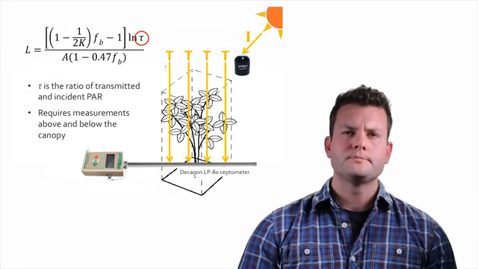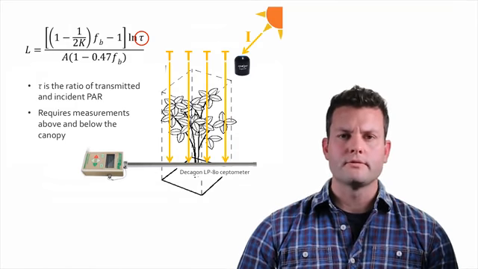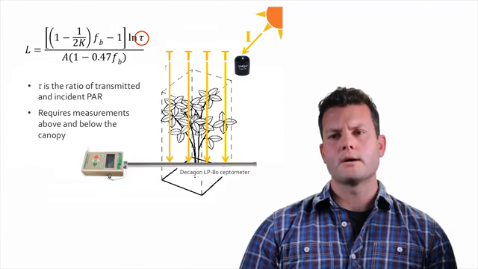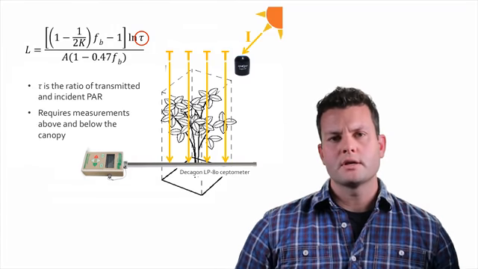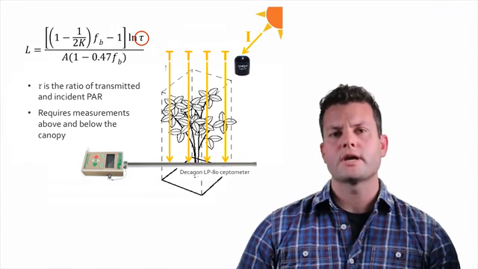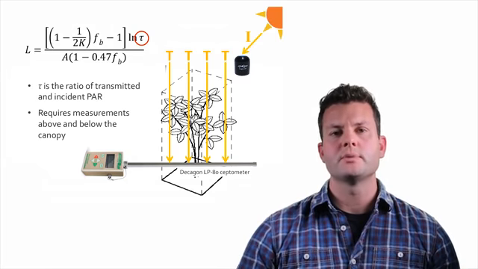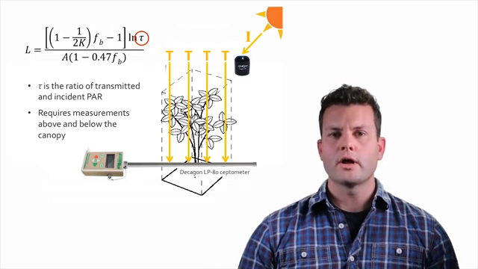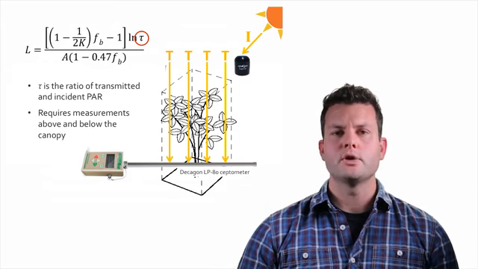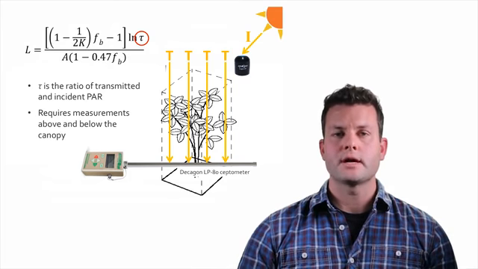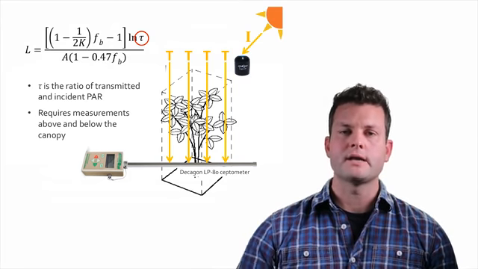One thing to be careful of there is if you're working in conditions where it's partly overcast or sky conditions are rapidly changing, then you want to update that incident radiation reading fairly frequently, or anytime sky conditions and thus ambient light levels change.